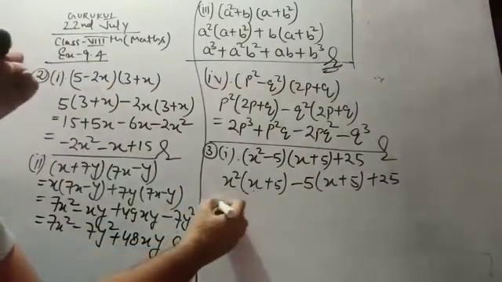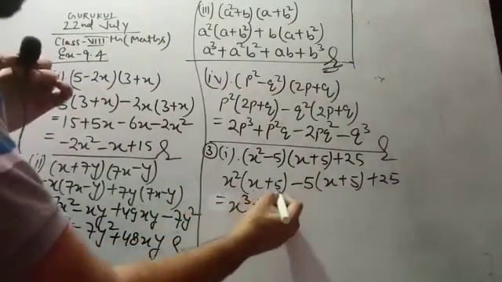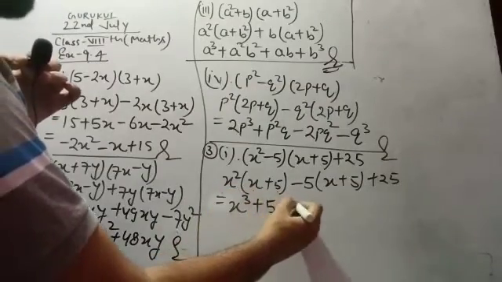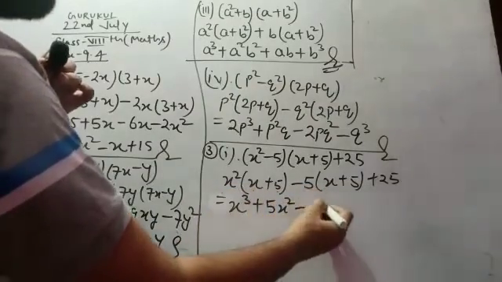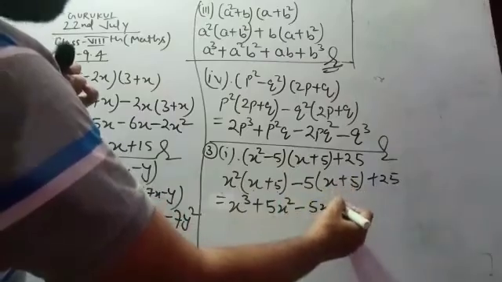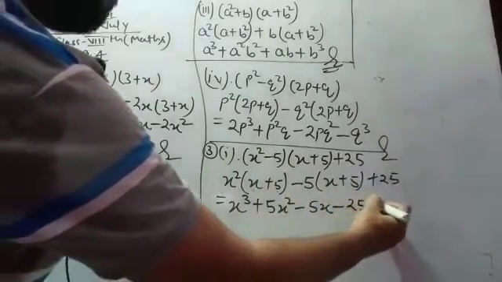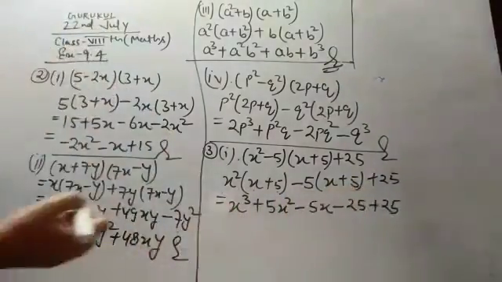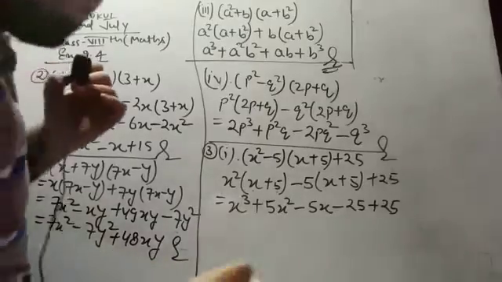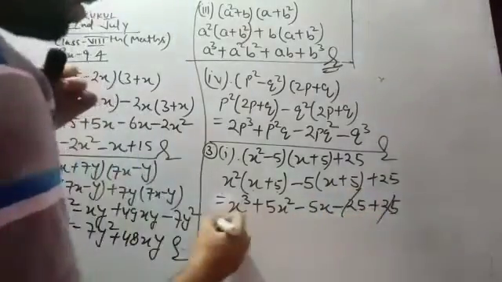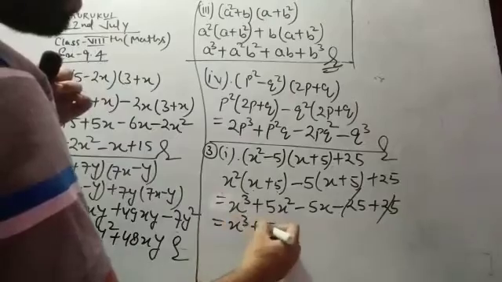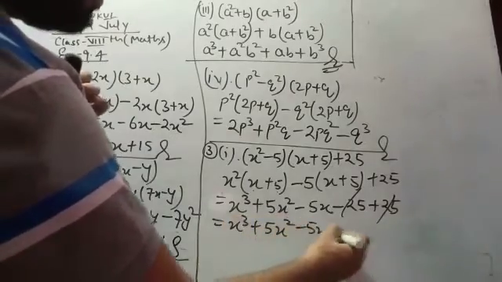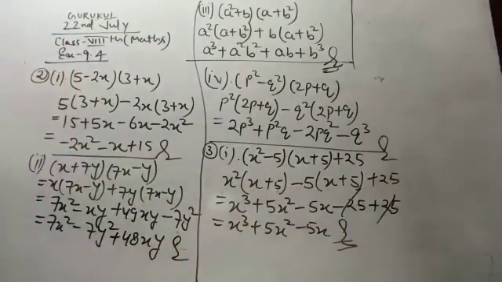Now open this bracket. X square into x, x cube, 5 into x square, 5x square, minus 5 into x, minus 5x, minus 5 into plus 5, this will be minus 25, then again plus 25. Now minus 25 plus 25 cancel out. X cube plus 5x square minus 5x. This is going to be the answer.